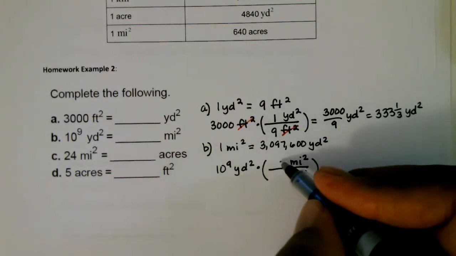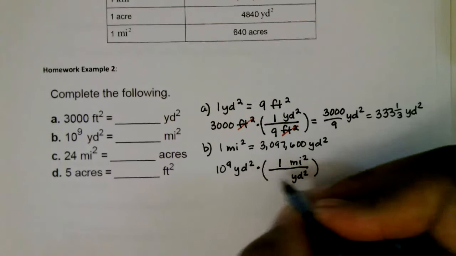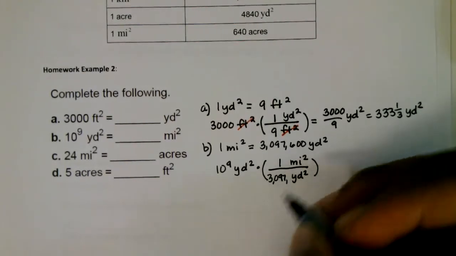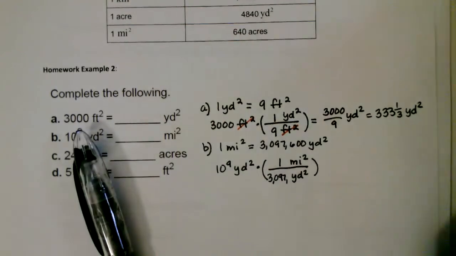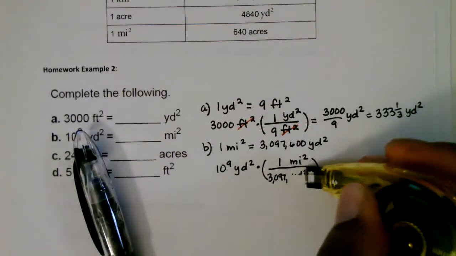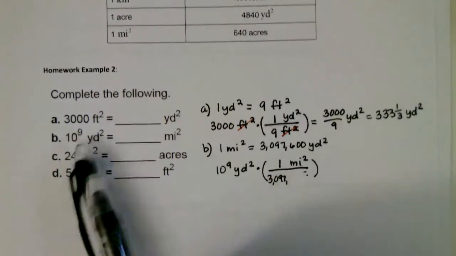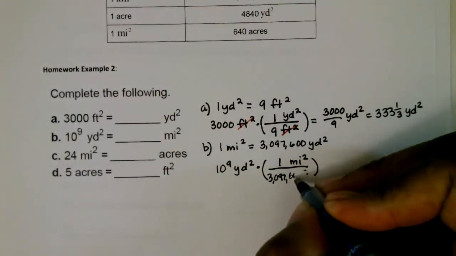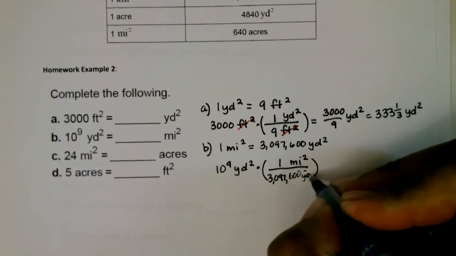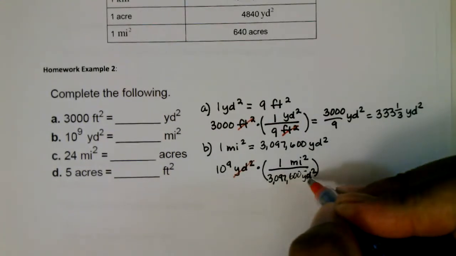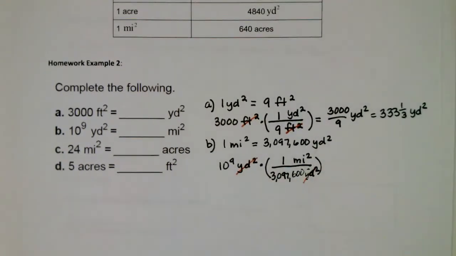Well, 1 square mile, that goes in the numerator. The 3,097,600 square yards has to go in the denominator, and it has to because that way I can divide out the square yards.